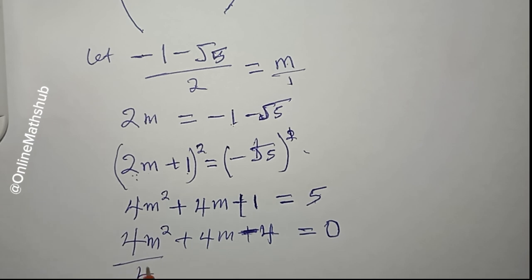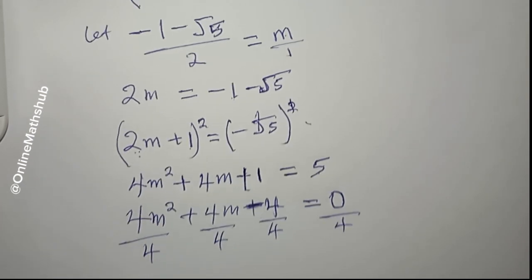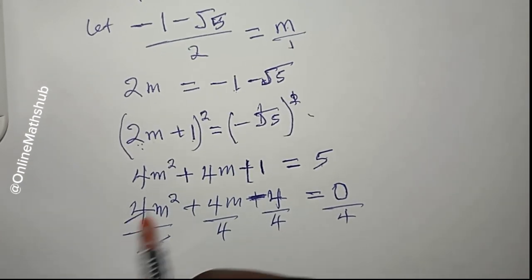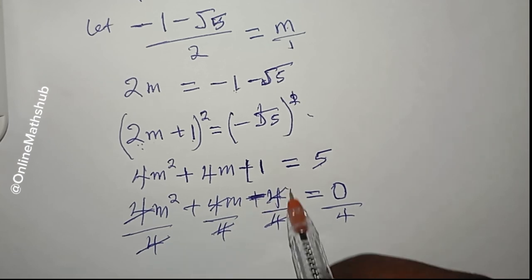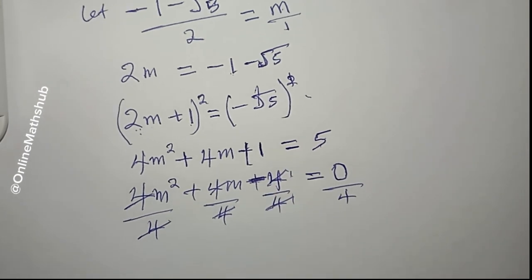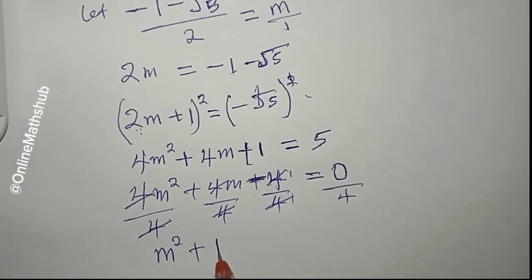Since all of them are divisible by 4, I can divide through by 4. So what I'm going to have is m squared + m - 1 = 0.